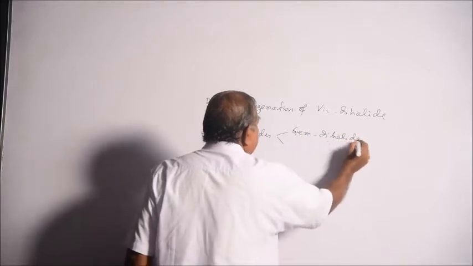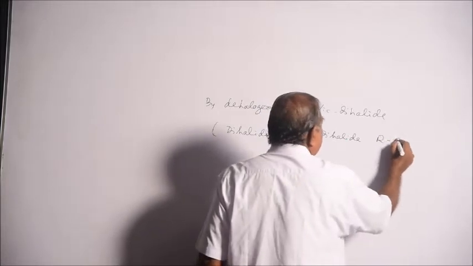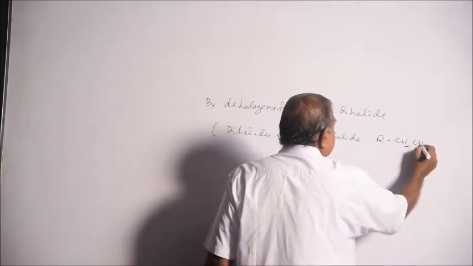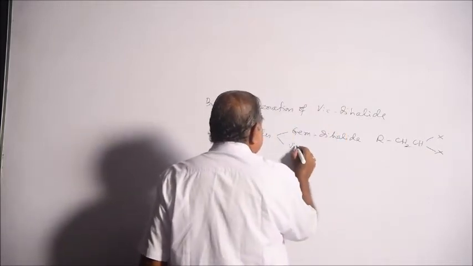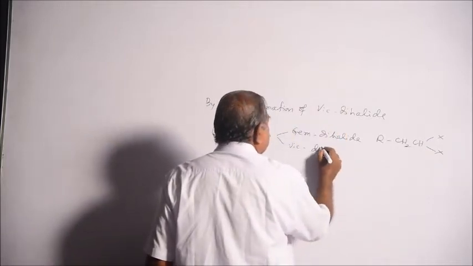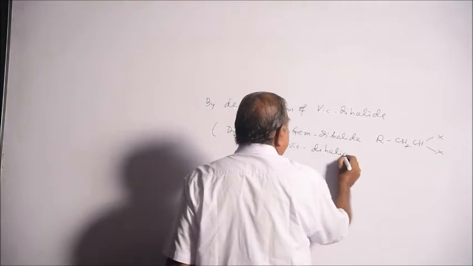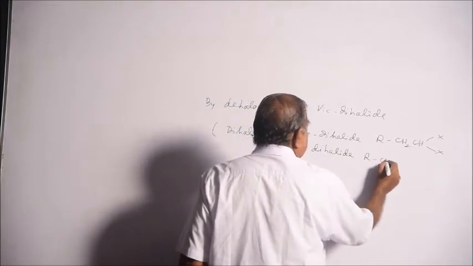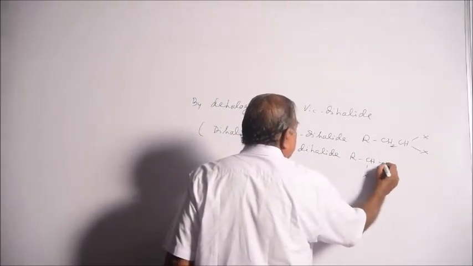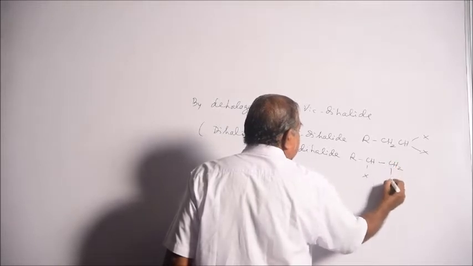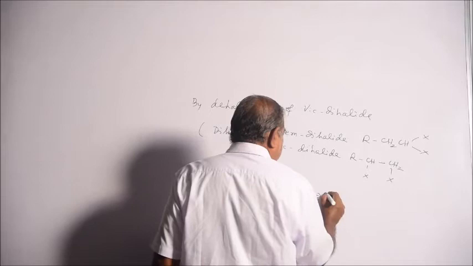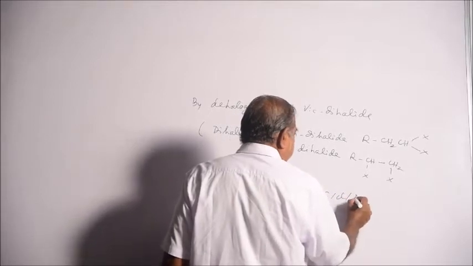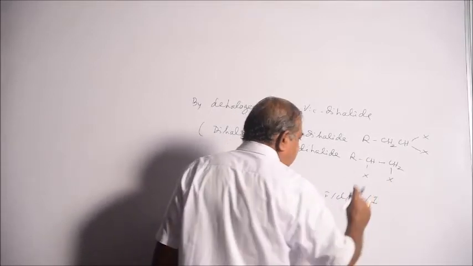Here, two halogen atoms are attached to the same carbon atom. The second one is vicinal dihalide. Here two halogen atoms are attached to two adjacent carbon atoms. X stands for halogen, maybe fluorine, chlorine, bromine or iodine.